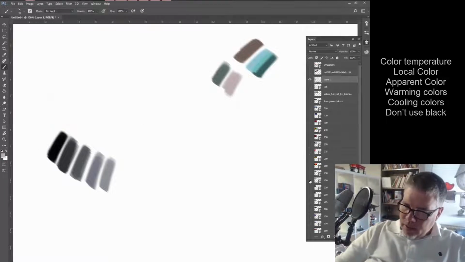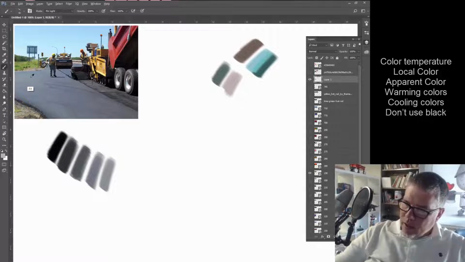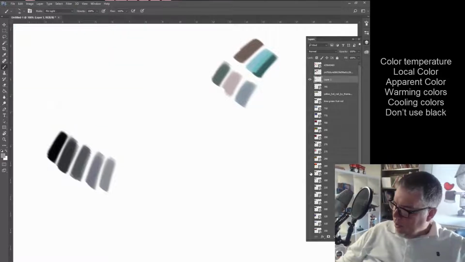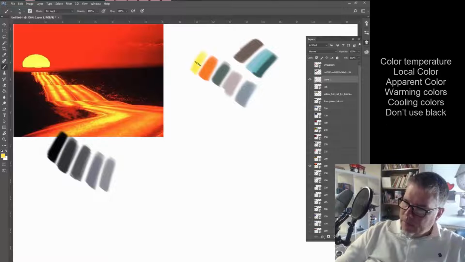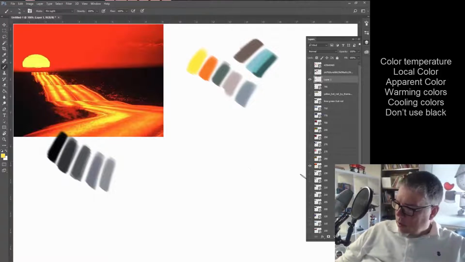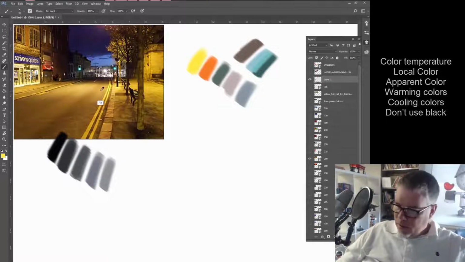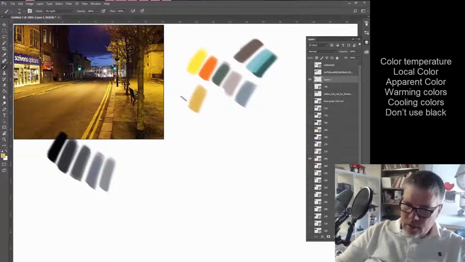Now, it's not going to be saturated. Well, maybe it is, depending on, again, the light that's influencing it, right? Let me erase this here.